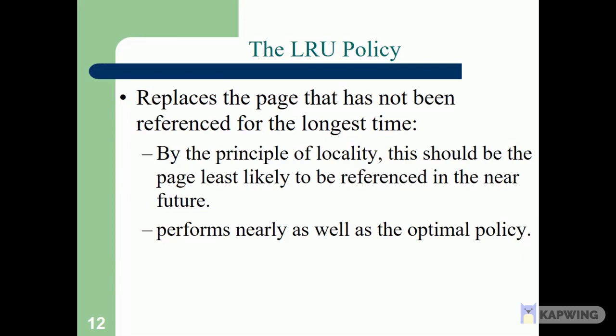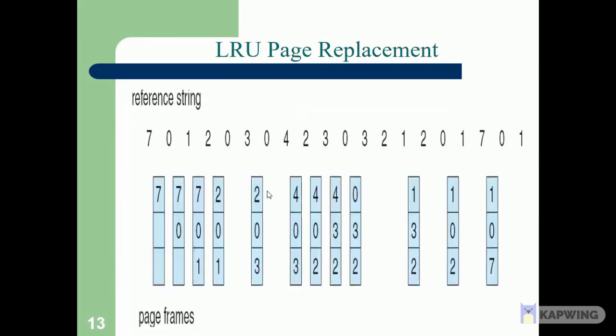By the principle of locality, this should be the page least likely to be referenced in the near future. Performs nearly as well as the optimal policy, but here we are not going for the future. So we'll see the example of LRU.